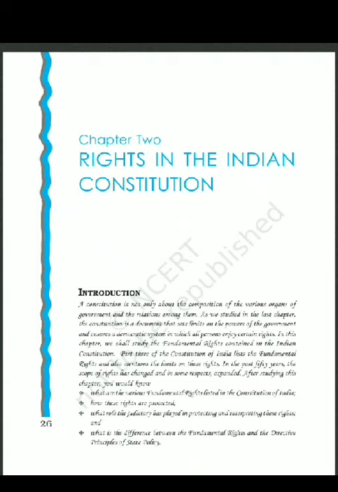Number 2, how these rights are protected. Like if any of your fundamental rights gets violated by any other person or any institution or in any other way, then how you can protect your right. Then what role the judiciary has played in protecting and interpreting these fundamental rights for you.